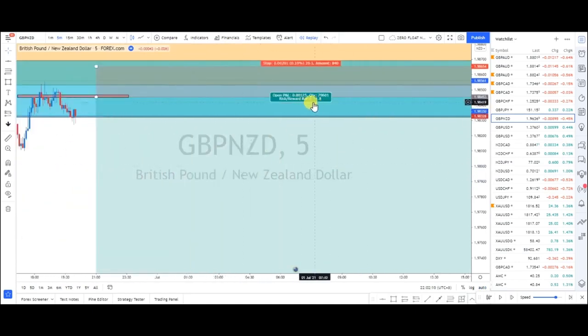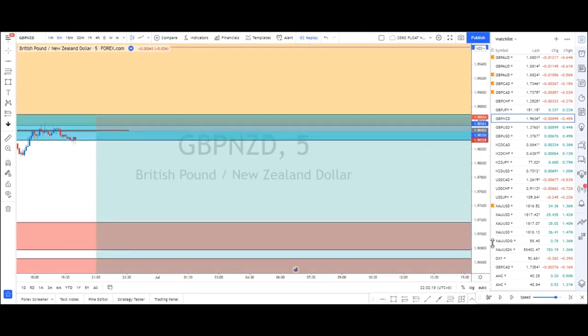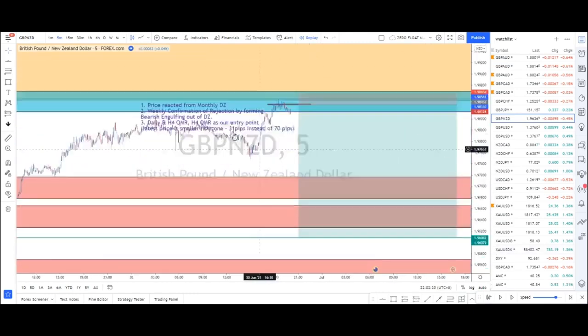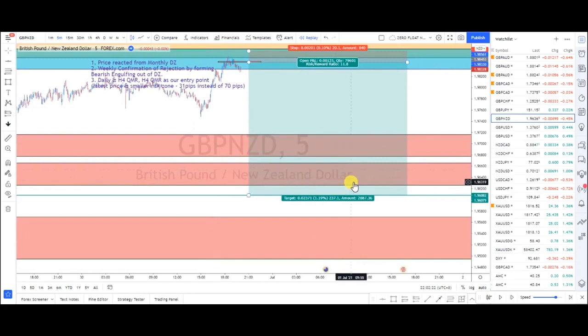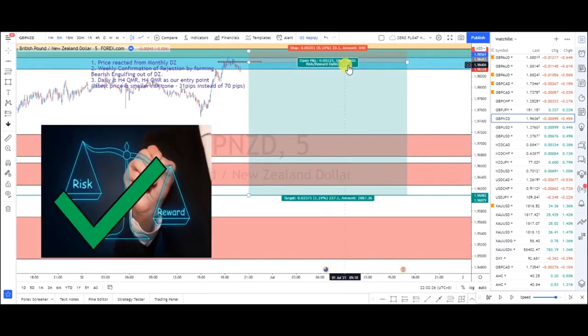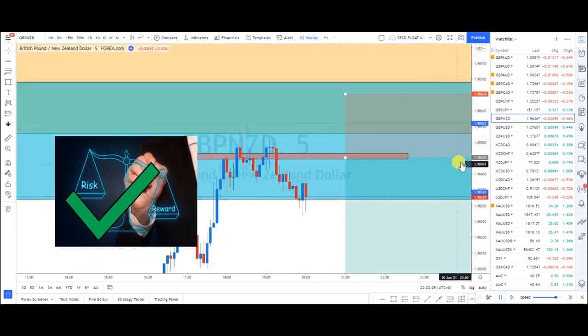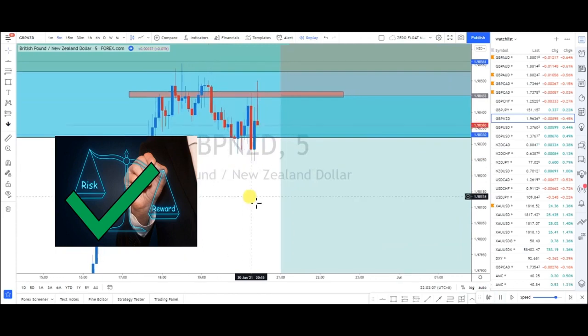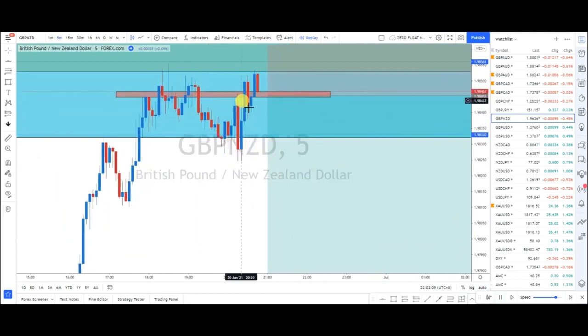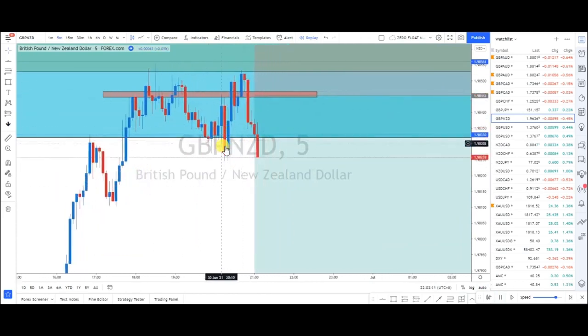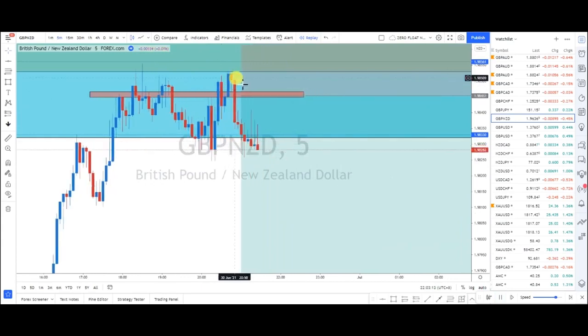As you can see here, I only risk 20 pips, but my reward is 237 pips. So the risk reward ratio would be 11.8. This is very high, guys. And then let's see how the price reacts to this. Okay, so price did react, and comes back down and then goes back up again.